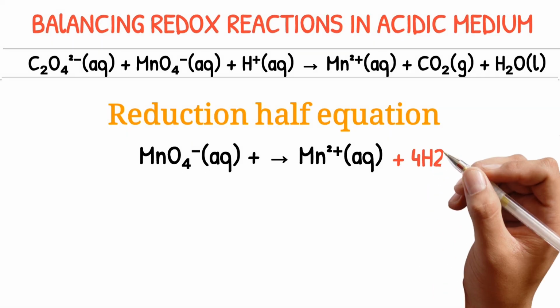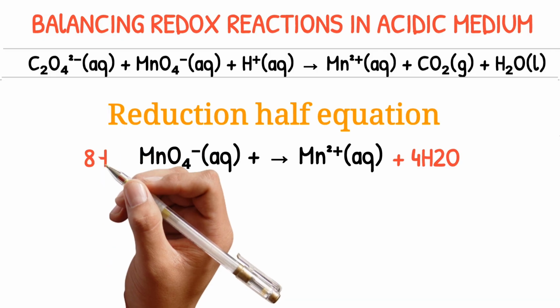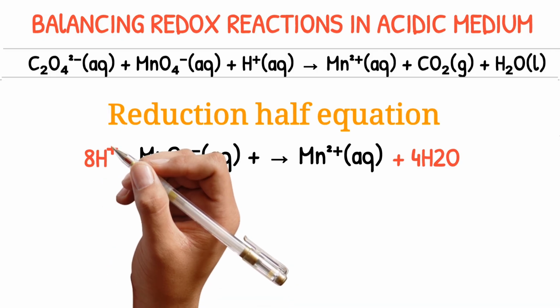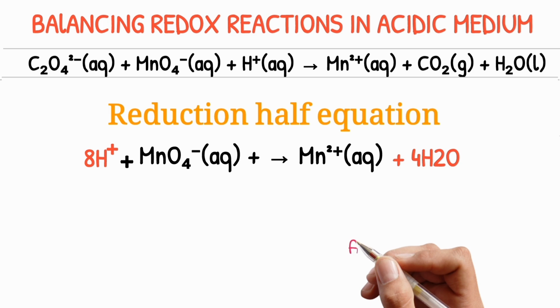So we are going to write our 4 molecules of water because we have 4 oxygen atoms, and in adding the 4 molecules of water, we have indirectly introduced 8 hydrogen atoms. And I said we balance for hydrogen atoms by adding hydrogen ions.